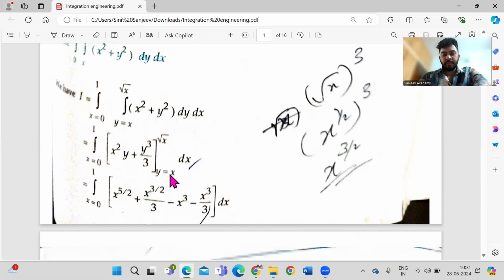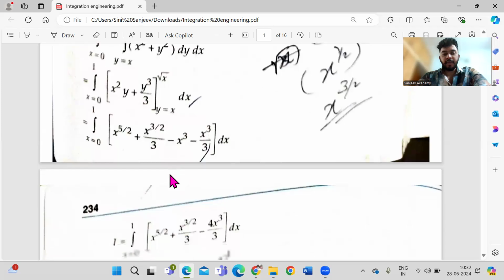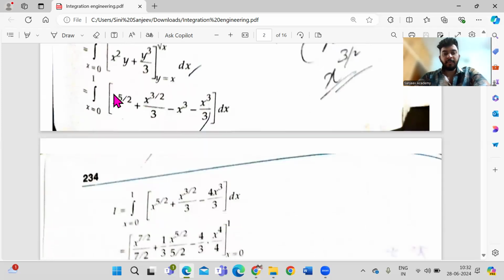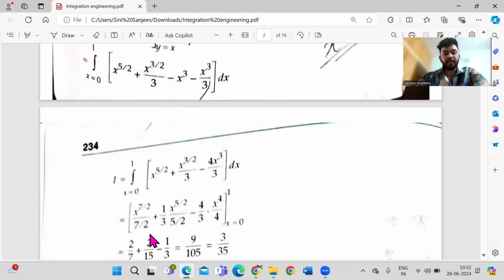That's it. Then I have to integrate with respect to x again. So 1 by 5 by 2 plus 1, 7 by 2 by 7 by 2. So basic integration again I'm doing. And 3 by 2 plus 1, 5 by 2. You can use the calculator, and if it is coming in decimal, there will be an option called SD.